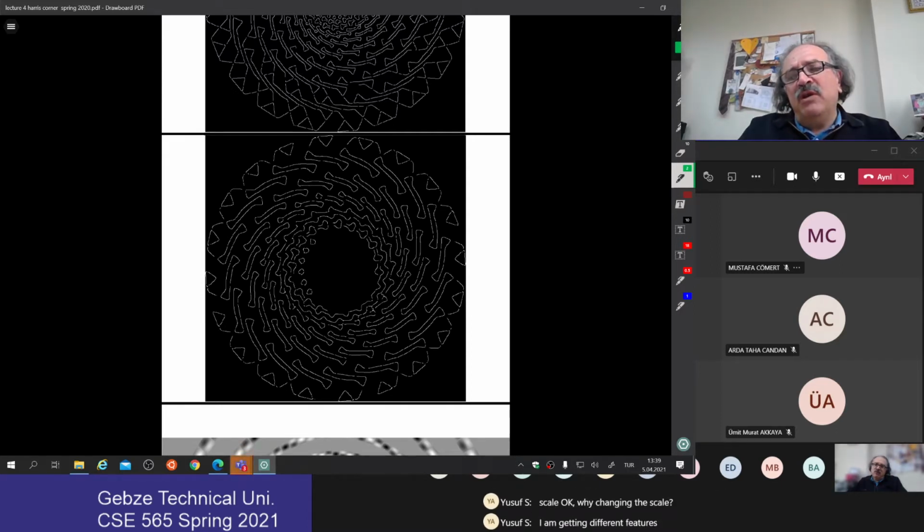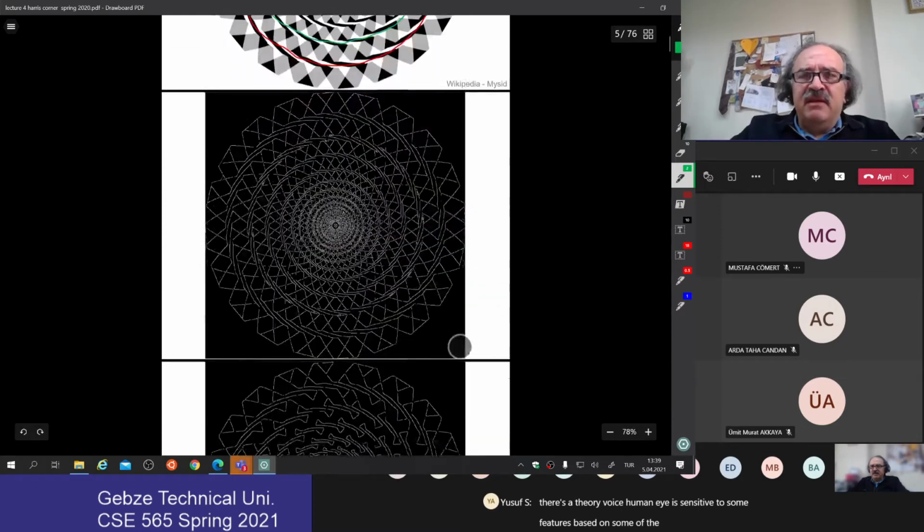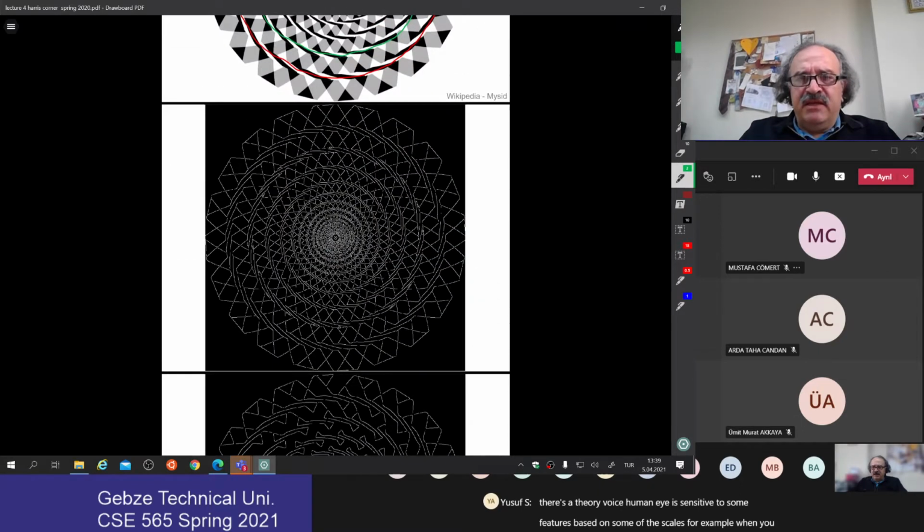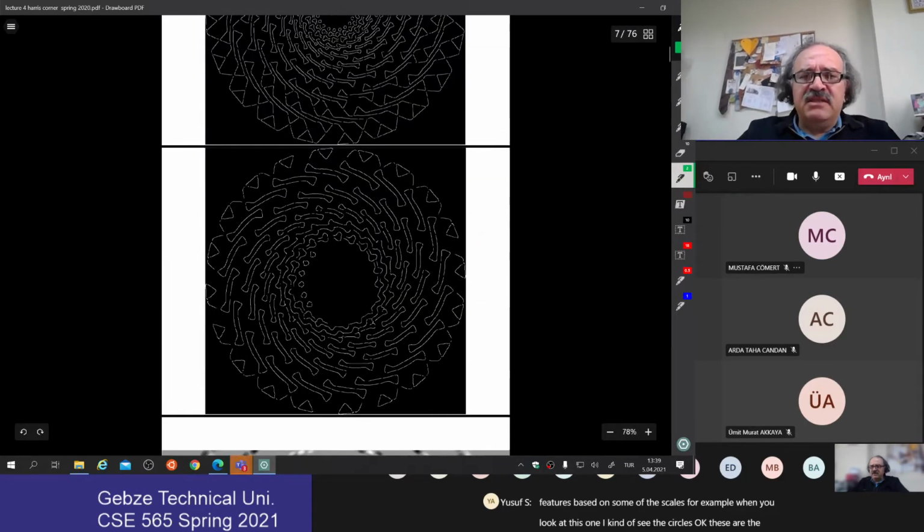And the human eye, as the theory goes, is sensitive to some features based on some of the scales. For example, when you look at this one, I kind of see the circles. Okay, these are the circles. But if I do this, everything is starting to become like spirals again. There are no spirals, but I am seeing spirals there.